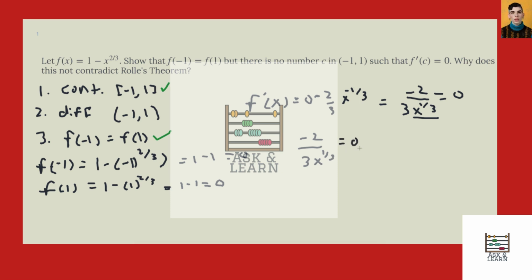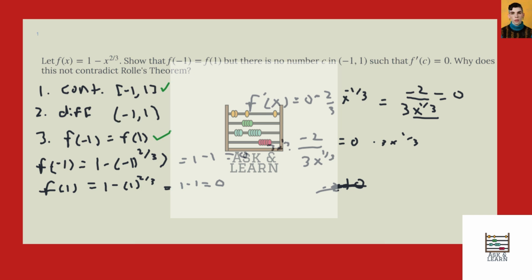When we multiply this times 3x to the 1/3, we multiply to 0, and then we're left with negative 2 equals 0, which is just nonsense. Doesn't make sense. So we know that there's no value of x that will give us a value that equals 0. So although there is a derivative, it is not differentiable from negative 1 to 1.